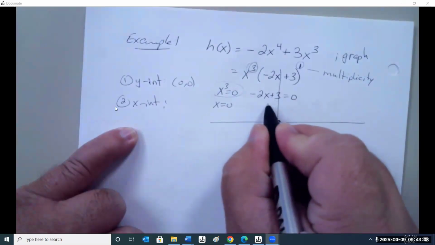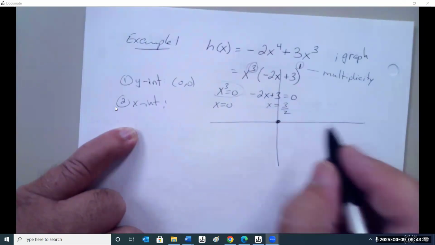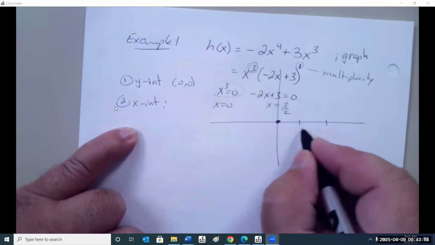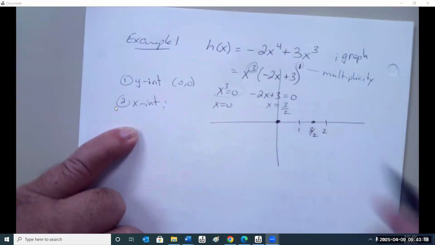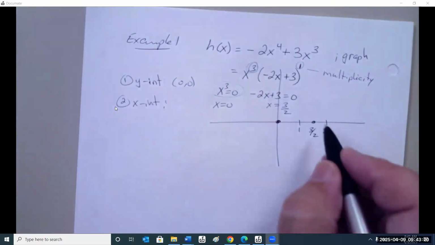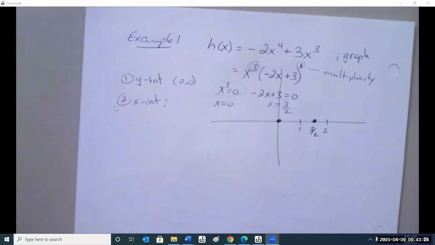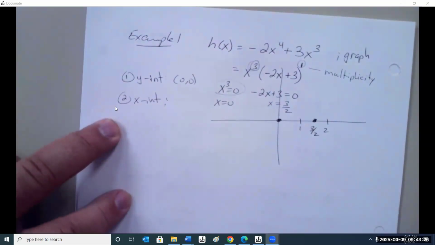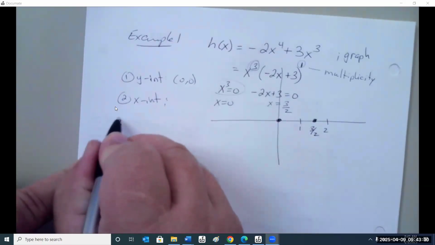And negative 2x plus 3 equals 0, so x is equal to 3 over 2, which is 1 and 1/2. Okay, so we have the x-intercepts. The y-intercept is at 0.